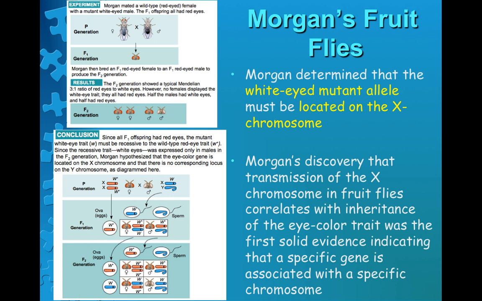The females, however, are all going to be carriers. Or at least half of them will be. And so Morgan's discovery of this transmission is the convincing evidence that specific traits are associated with specific chromosomes.